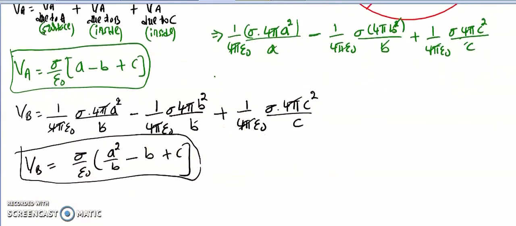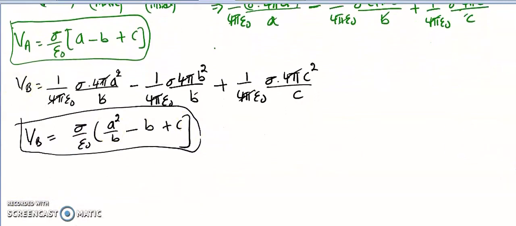Then come to the potential at C. Potential at C is equal to 1 by 4 pi epsilon naught sigma into 4 pi A square.